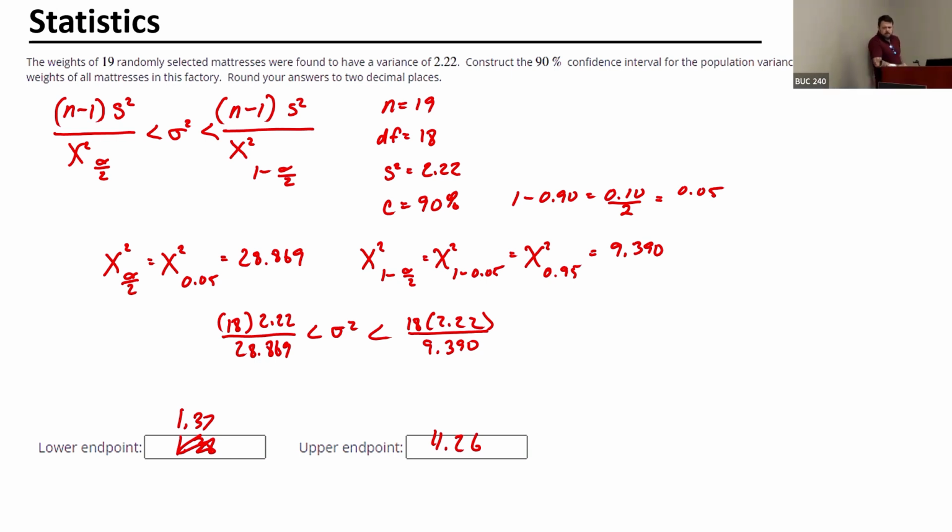What did you get on yours? 1.34. Well, you'd round down. At 4, you'd round down. 1.384. Oh, you did? Let me see. Hold on. 18, 2.22, divided by 28.869. Yep, 1.38.